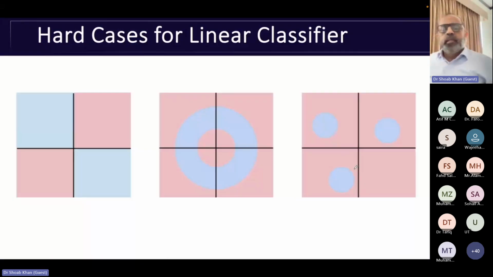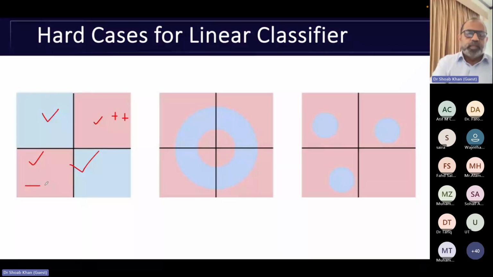But any linear classifier will fail to classify if the same class is here and here, even with two classes, and some objects are falling in here. So you have some feature where this is positive, and you have a feature where you have a sign, and this is negative.